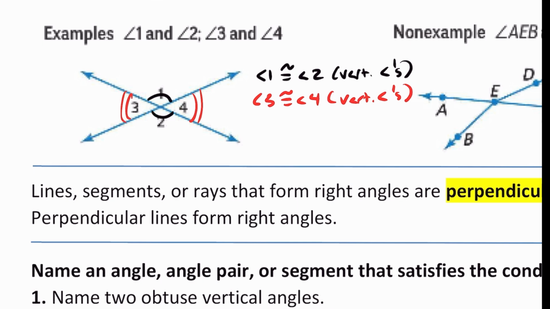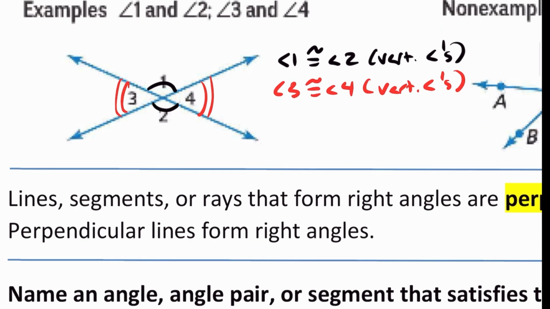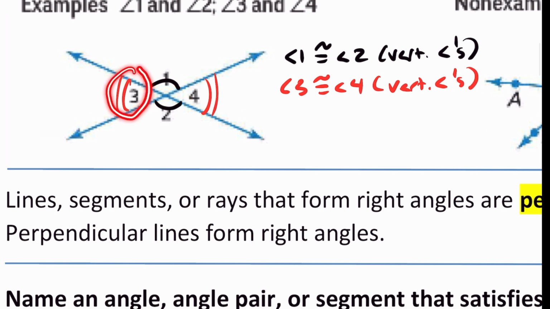Now I want to be clear about my arcs here. If I were to put one arc instead of two for angle 3, then I would be saying that angle 1, angle 2, and angle 3 are congruent to each other, which is not true. We can see that angle 1 and angle 2 have the same shape and the same size, so those two angles are congruent.